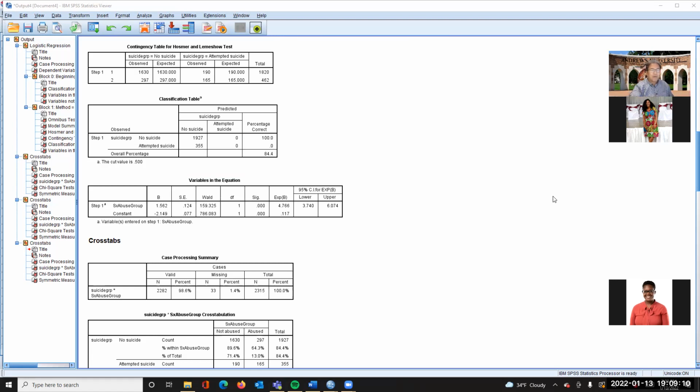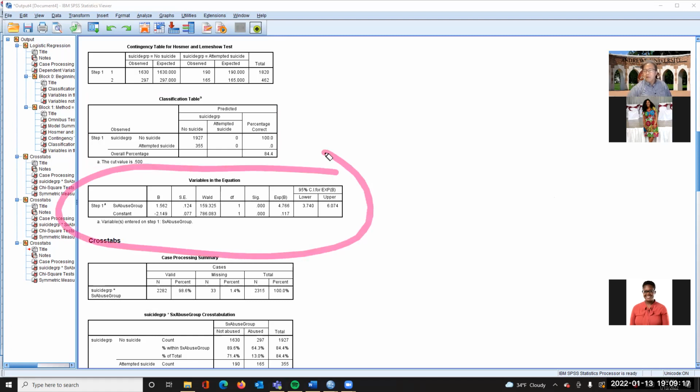The first thing you want to look at is your regression equation. And then you determine how good it is by looking at your R square and at the statistical significance of your model.